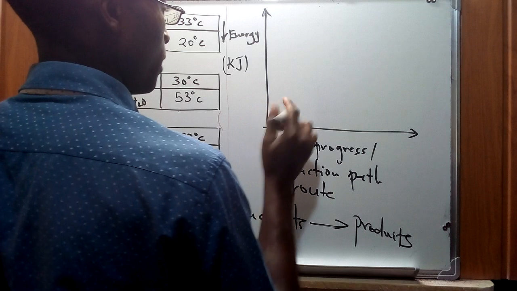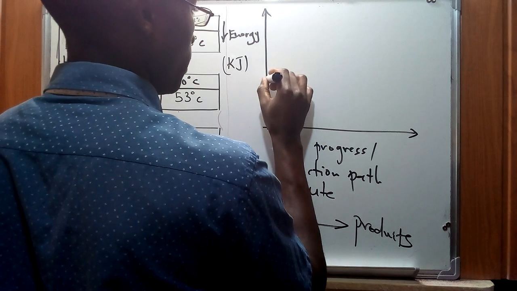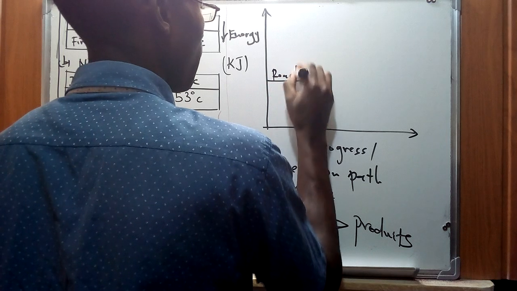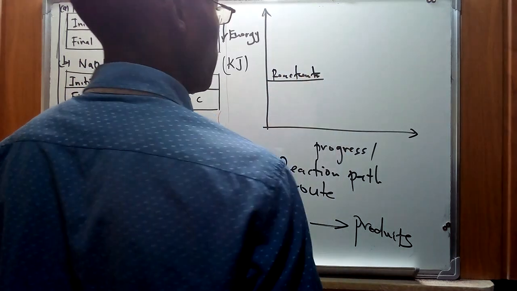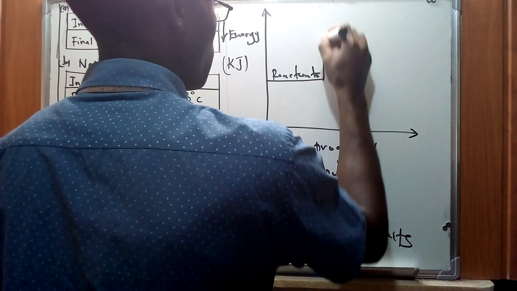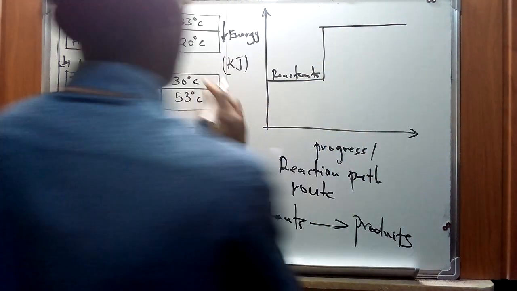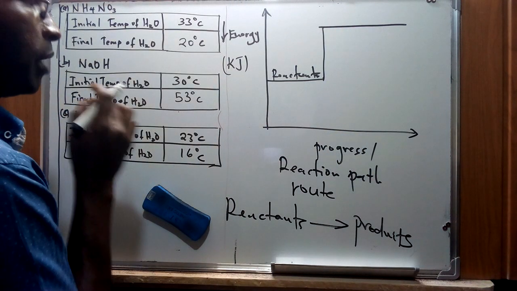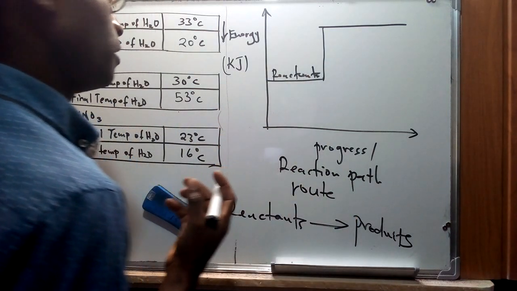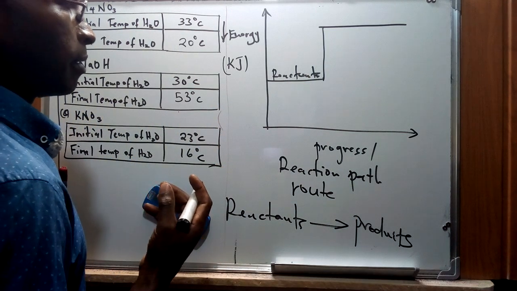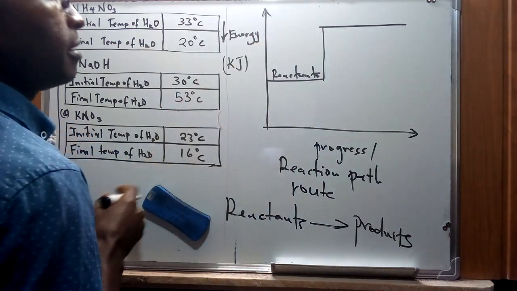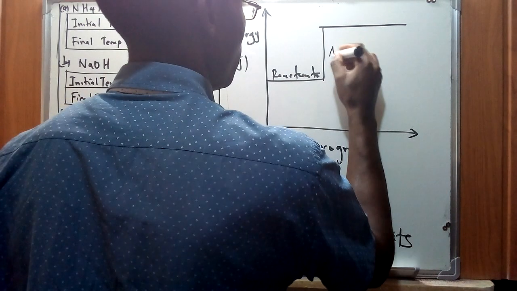Initially, for our reactants, their energy before the reaction will be at that specific point, but after the reaction, a decrease in temperature implies that there's the taking in of heat energy from the surrounding into the system. So there will be a net increase in energy that is reflected by this.